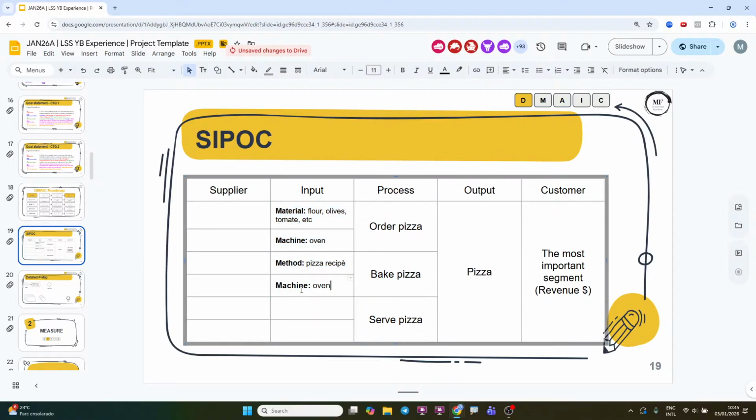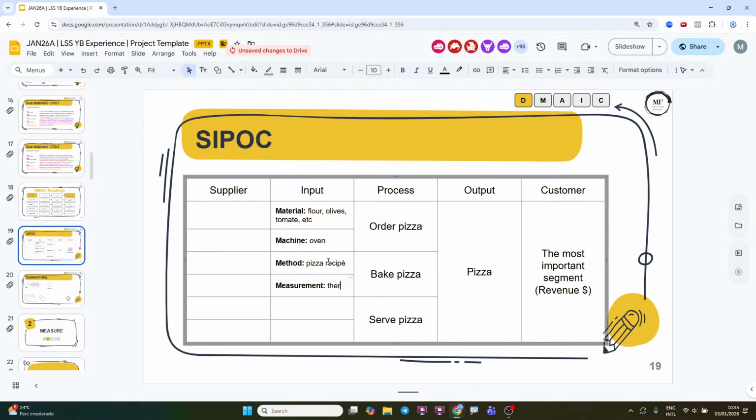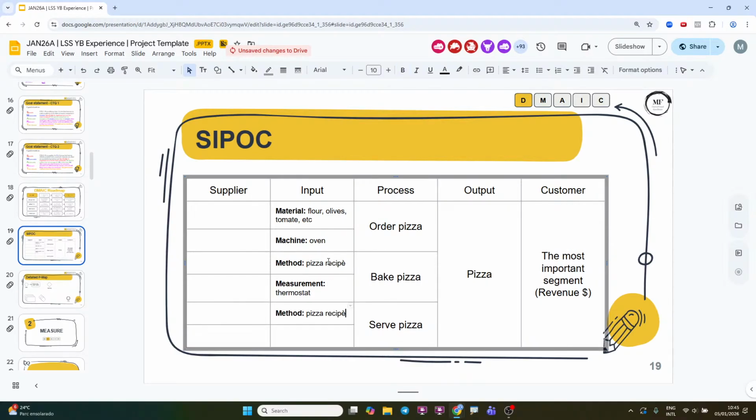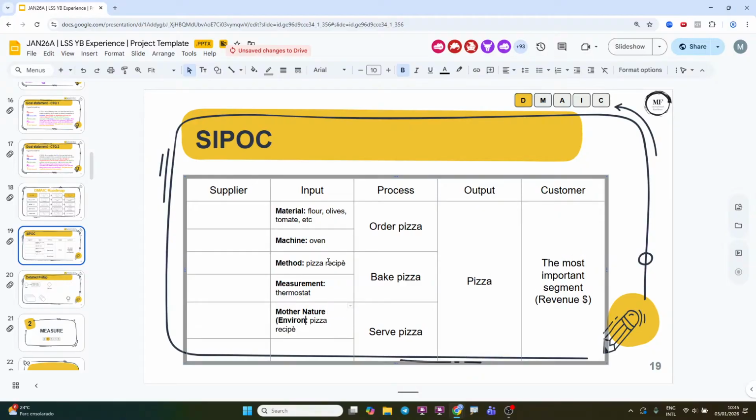Then we have measurement, for example, the thermostat. Then we have environment, or mother nature, and the environment is the kitchen.